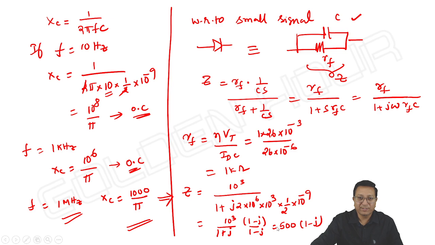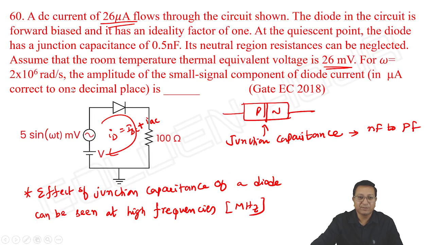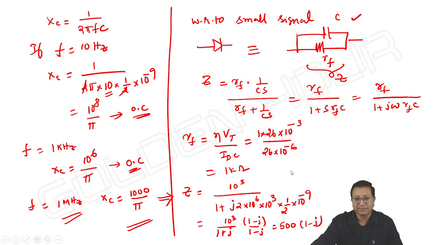Then let us take with respect to AC. This circuit with respect to AC. I should remove this DC source and take the remaining.